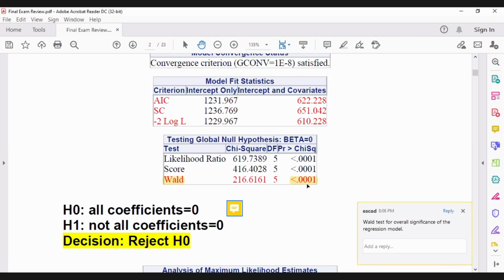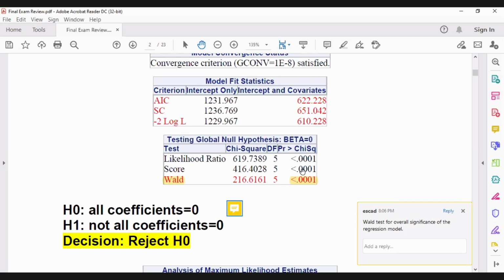Otherwise, if the p-value is larger than 5%, then you accept the null hypothesis, stating that all coefficients are equal to 0. So in this example, the decision is to reject H0. Why?